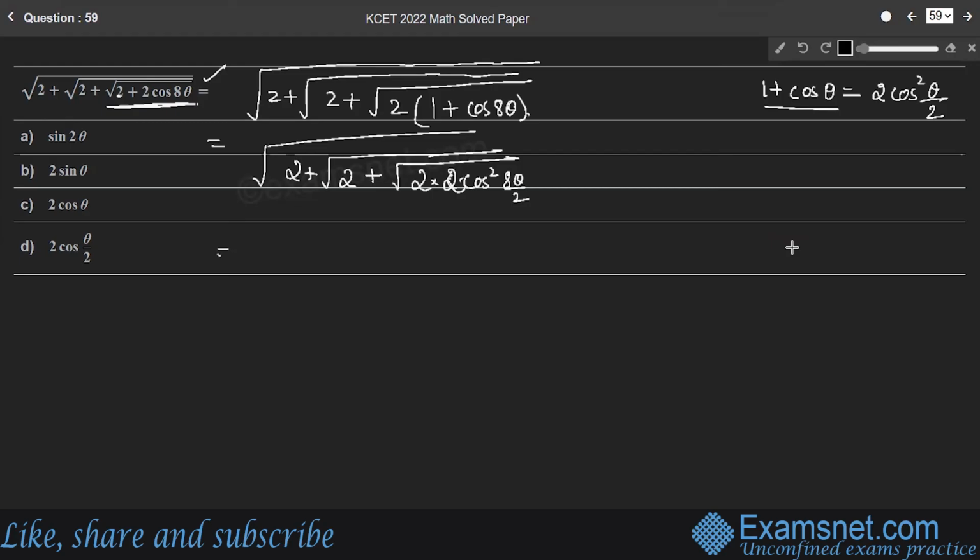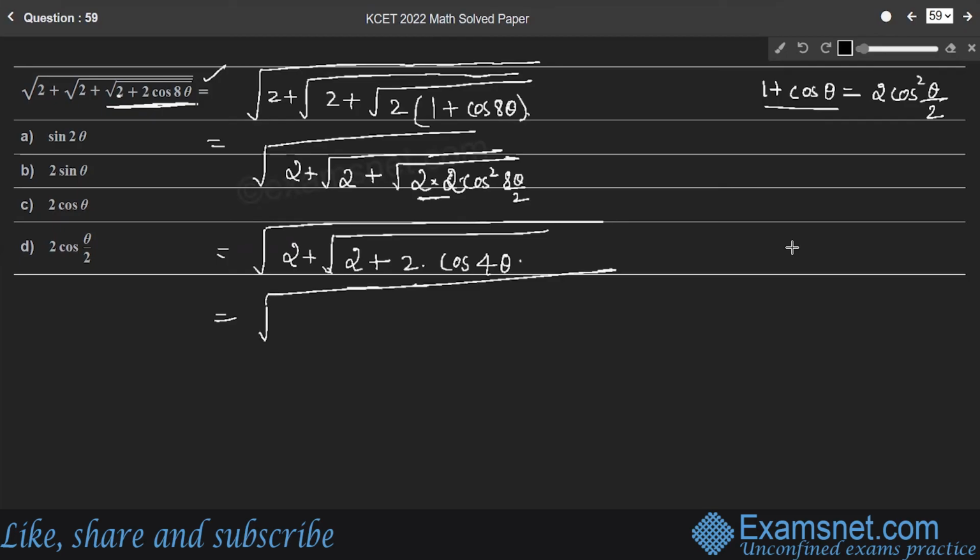So root of 2 plus square root of 2 plus, inside this root we have 2 into 2, 4, right? Its root is 2 itself, and root of cos square 8 theta by 2 is cos square 4 theta, whose root is cos 4 theta, right? So to this square root also, in which 2 is common, here also we apply the same formula: root of 2 plus square root of, we take out 2 as common, 1 plus cos 4 theta.